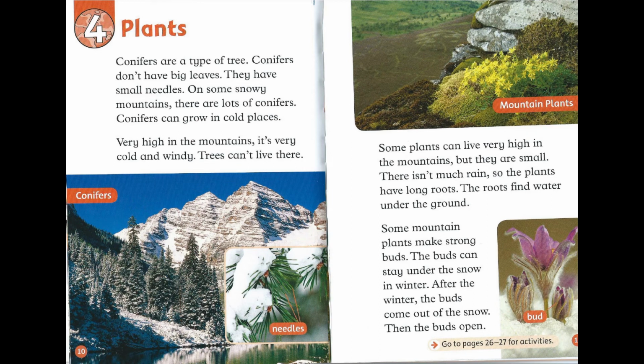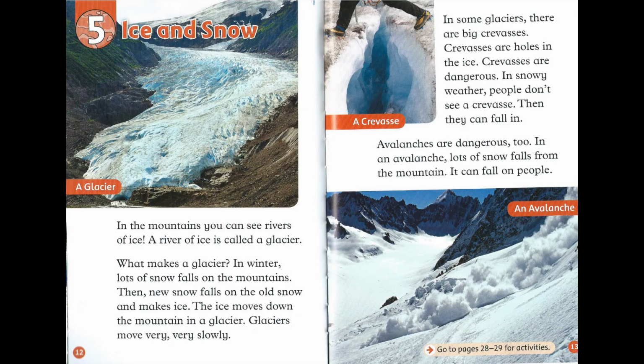Chapter 5. Ice and Snow. In the mountains, you can see rivers of ice. A river of ice is called a glacier. What makes a glacier?